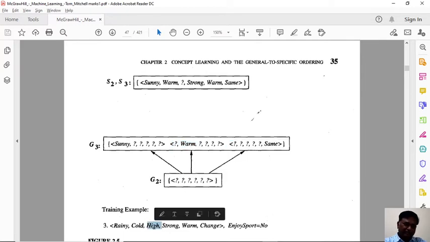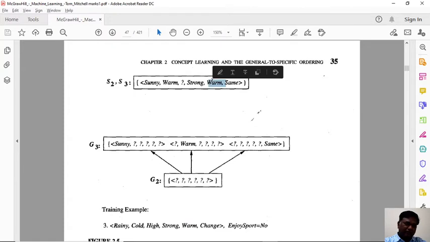Third is high. Already the specific case is a question mark, so you cannot do any generalization on the third attribute. Fourth one is strong. You cannot do any generalization because with strong you enjoyed the sport here, and here with strong you are not enjoying. Next is warm.